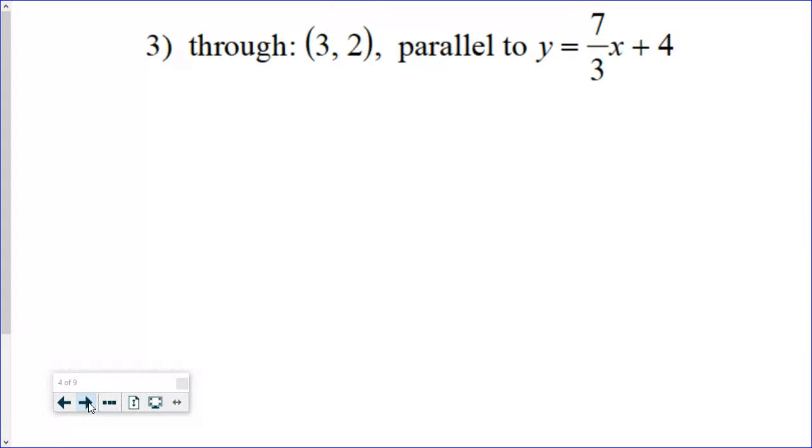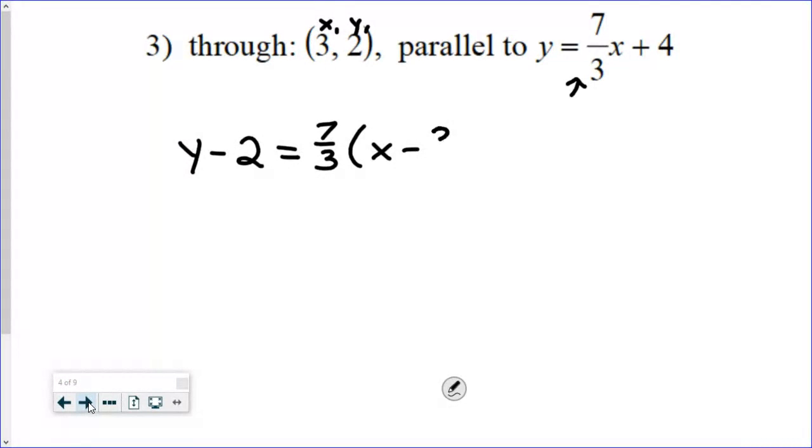Okay, let's do another one. Again, here's my points, x1, y1, and that's my slope. So y minus my y equals my slope, x minus the x value. Remember, make it over 1 if you need to.